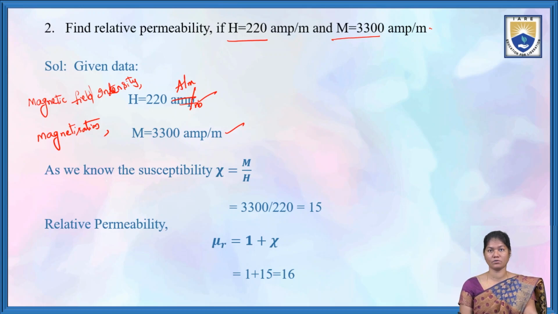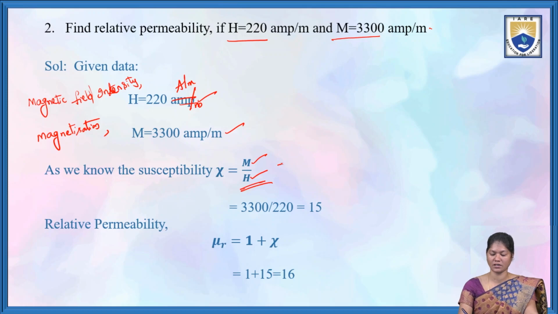As we know, the formula for susceptibility chi is equal to M by H. So we know the M value and H value: magnetization divided by magnetic field intensity.